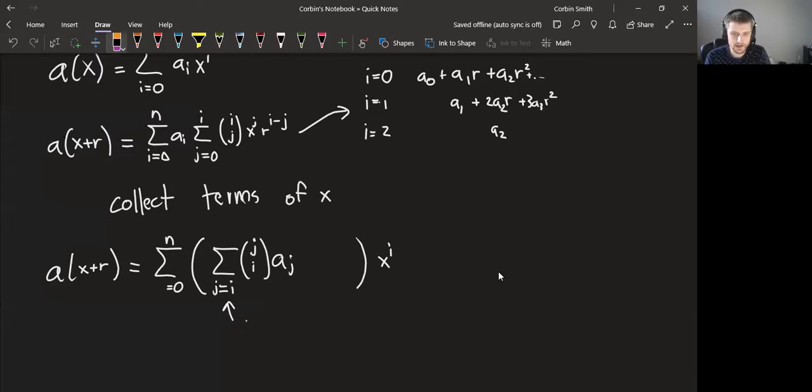We're doing j choose i because that is always going to be the place in the diagonal of Pascal's triangle that this coefficient belongs to. And times r to the j minus i here as well. And this is going up to n. This is from i. Okay, so this is an extremely important decomposition.